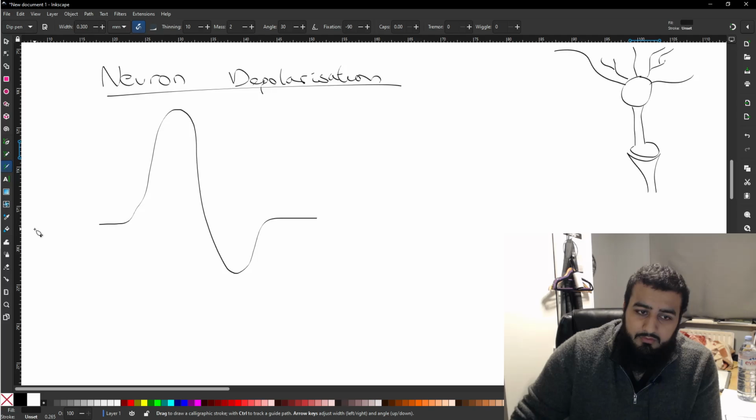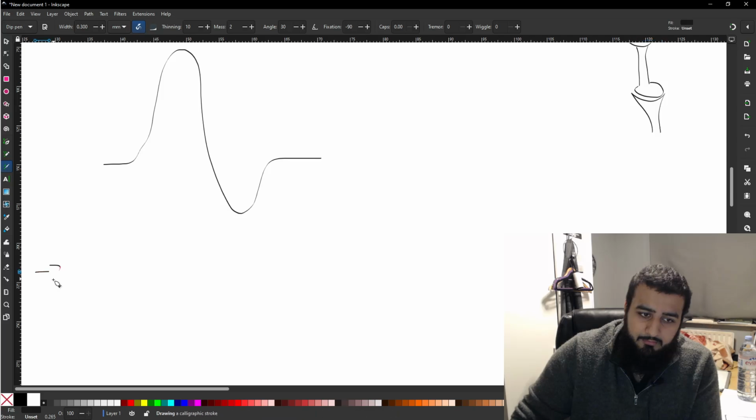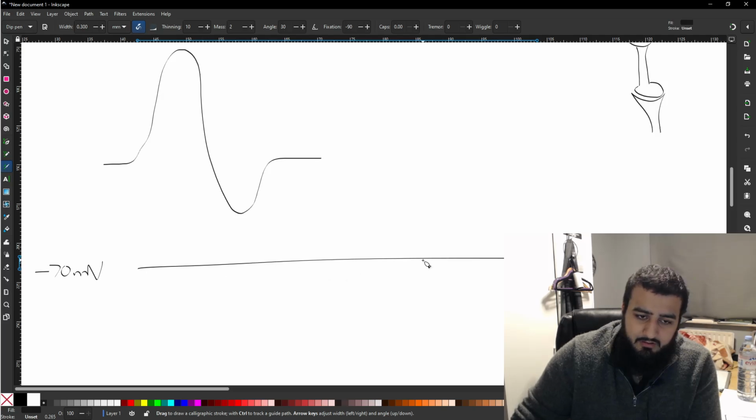So the resting potential of a neuron is actually about minus 70 millivolts, and it looks something like this. Of course, the intricacies we are avoiding for simplicity's sake.